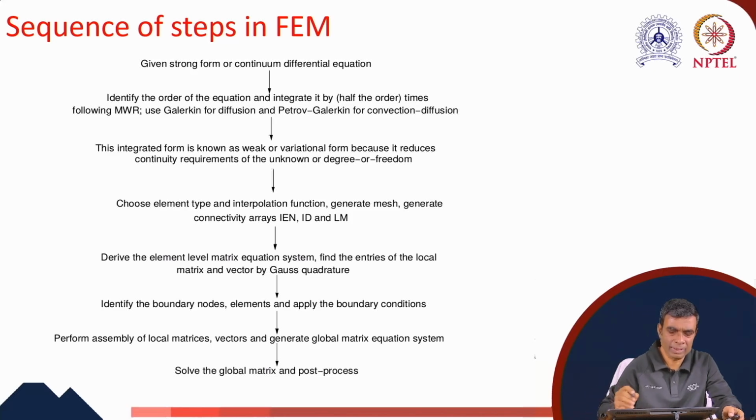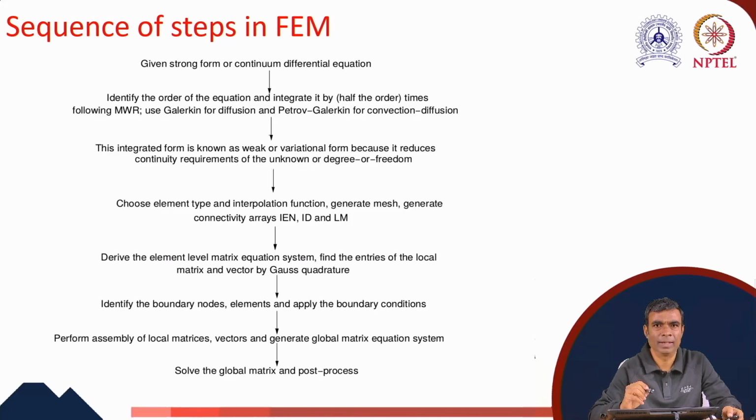So, the first step is that the governing equation is given. We identify the order of the governing equation. The order of the equation divided by 2, those many integrations we perform to derive the weak form. Then we consider the profile assumption of the degree of freedom.